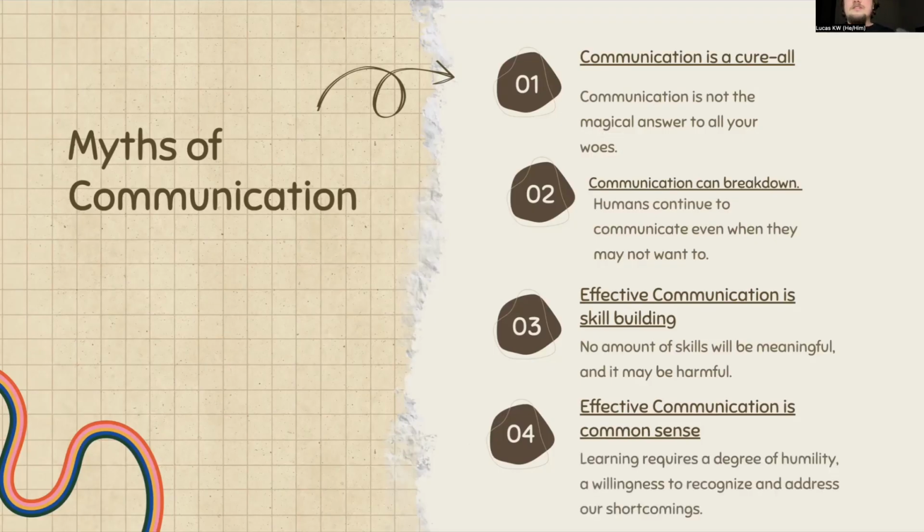Okay. Learning communication requires a degree of humility, a willingness to recognize and address our shortcomings. The idea here is that we give this person all the communication that we want to give them, but sometimes there are shortcomings, and we need to be willing and humble enough to address them. We could say, hey, sorry, I thought I was communicating clearly.